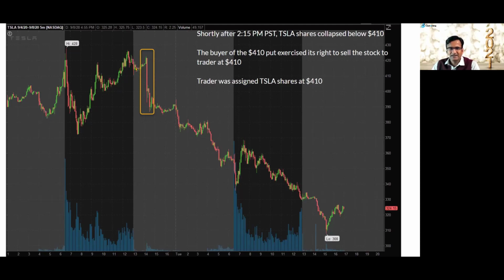Remember, the exercise time is 2:30 p.m. Pacific. If that trader had gone out for lunch, thinking the market is closed, Tesla closed at 418, I don't have to worry about anything, his account would now hold 500 shares of Tesla bought at $410 each.